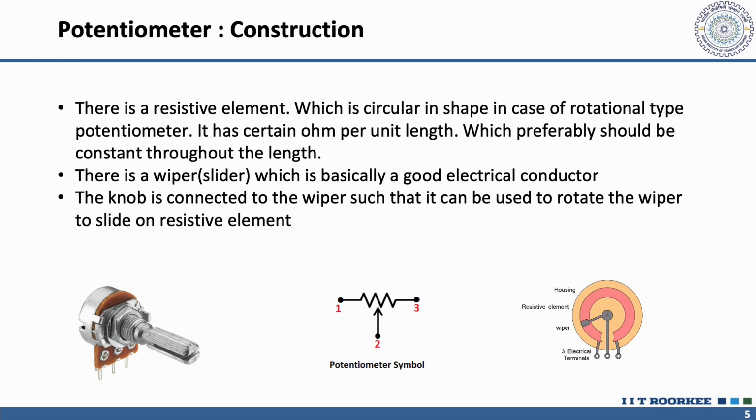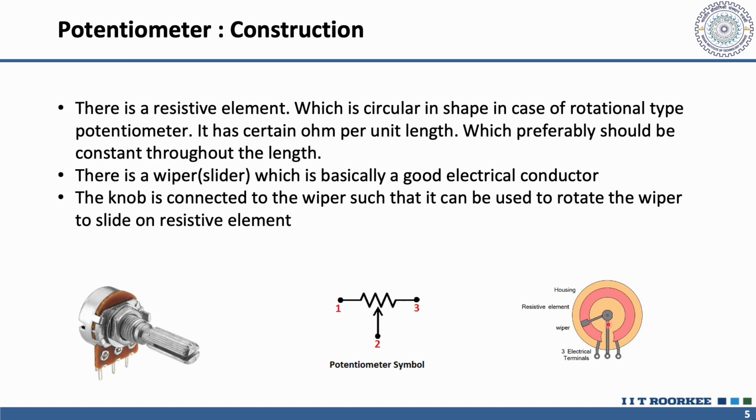It consists of a resistive element which is circular in shape in the case of a rotational type of potentiometer. This is the resistive element of the potentiometer, as you can see in this diagram. It has a certain ohm per unit length of resistance, which should preferably be constant throughout the length. And there is a wiper, which is a good electrical conductor. This one is the wiper, and there is a knob, this one.